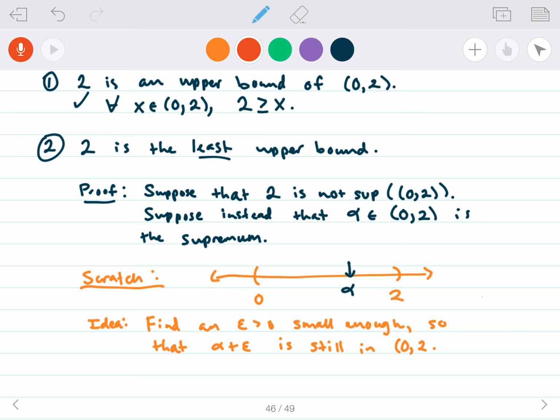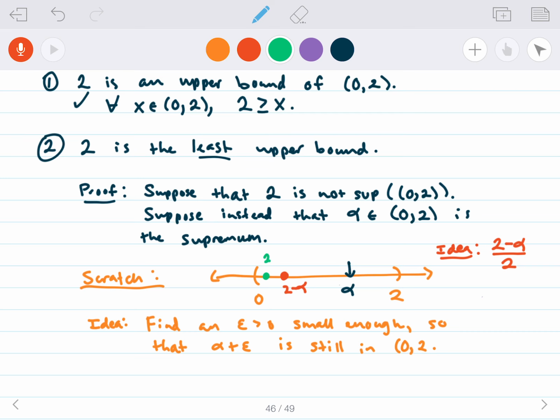And so what we can think about here is if I take 2 minus alpha, here's another idea, 2 minus alpha over 2. Okay, so 2 minus alpha is going to be somewhere right here, right? And if I halve it, it's just going to be this guy right here.